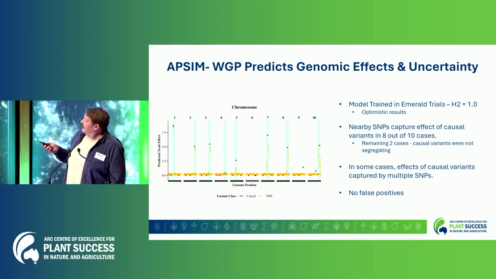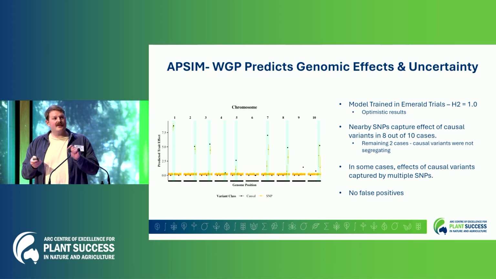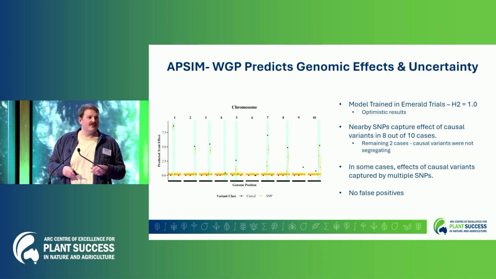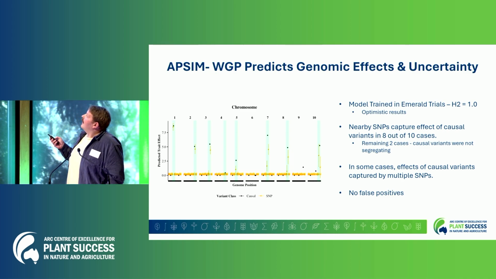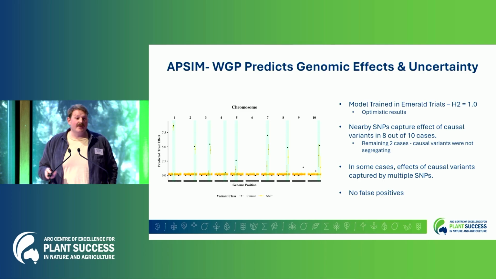But I just want to show you the potential: we can see that in 8 out of the 10 causal positions, we're actually identifying these SNP markers that breeders would use for prediction to identify nearby positions in nearby QTL.